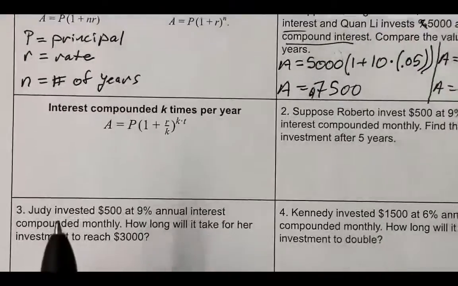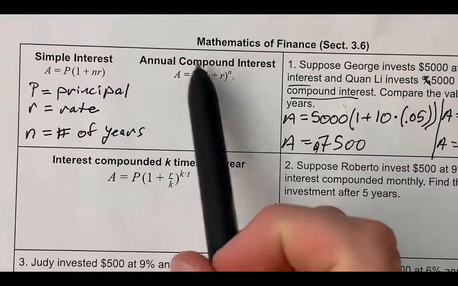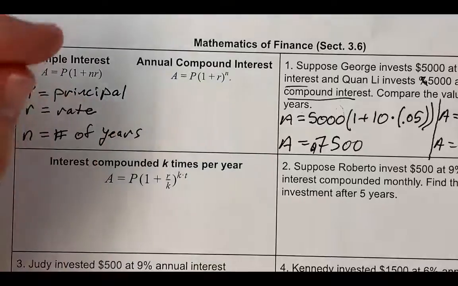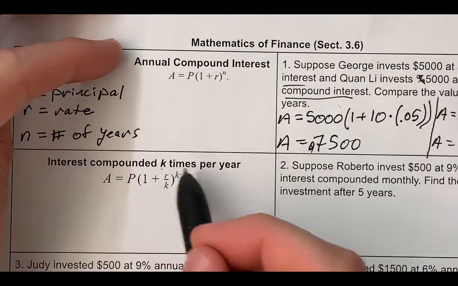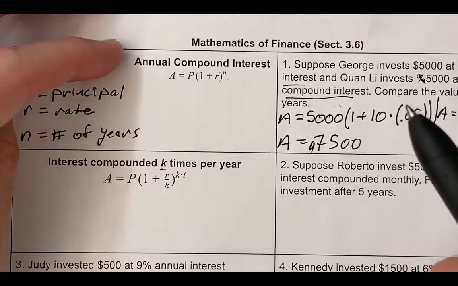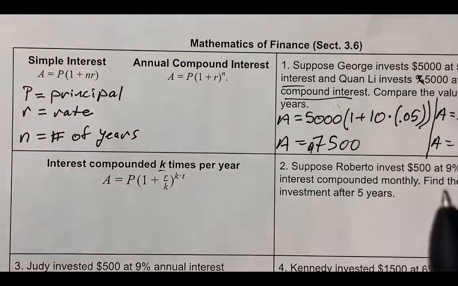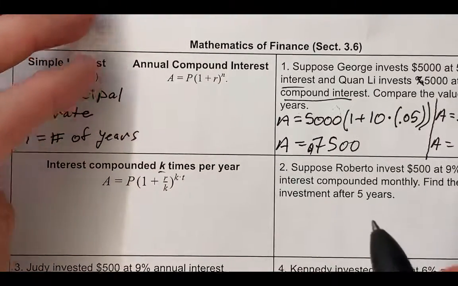Now, there are different numbers of times per year that you can compound. The first one we talked about was annual compound interest, which is 1 time per year. Interest can be compounded at any K times per year. Some common ones are semi-annually, which is twice a year, quarterly, which is 4 times a year, monthly, which is 12 times a year, and so on, up to daily if you want.